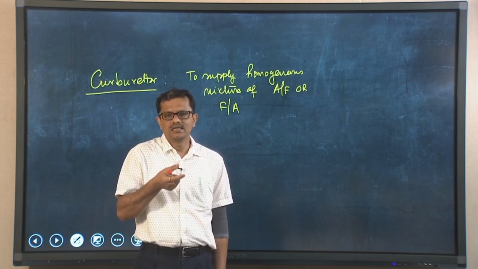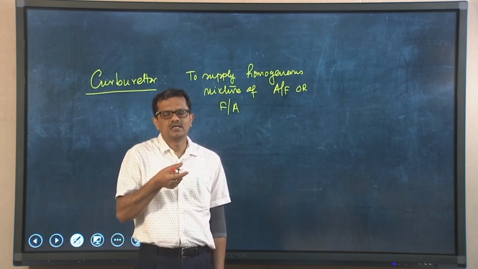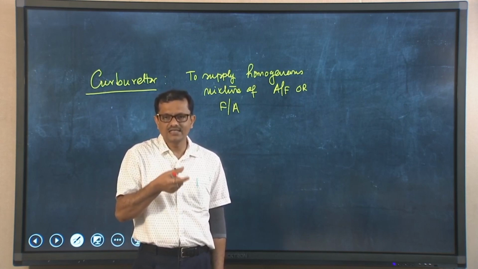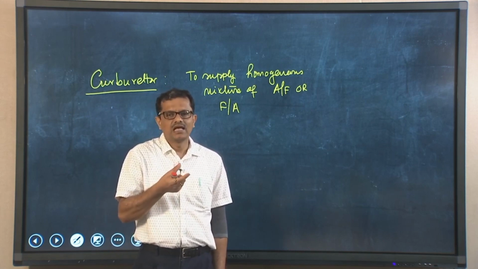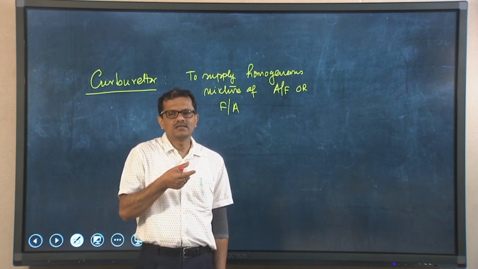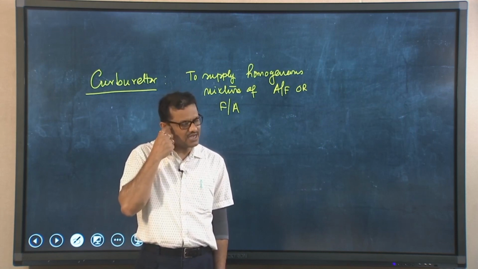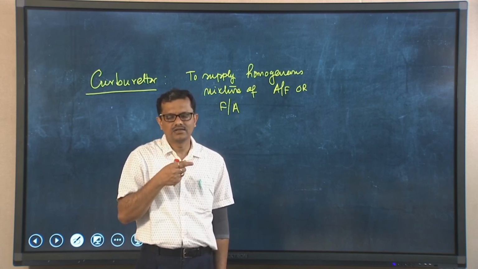We will be getting energy in the form of heat, and also we will be getting several components, those are the combustion gases. So, that high pressure high temperature is needed.